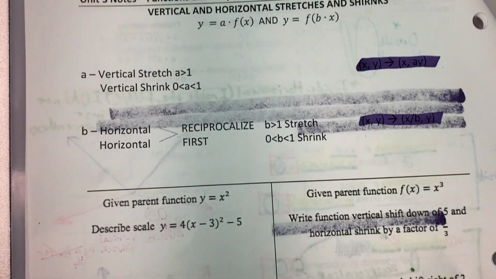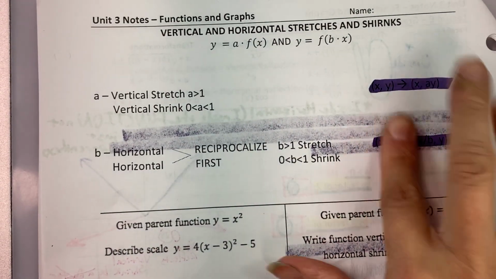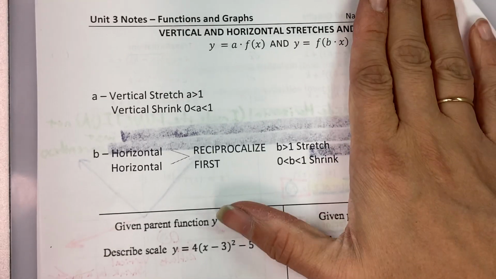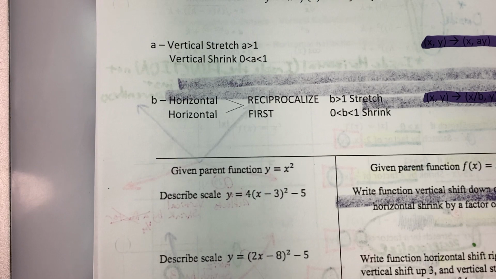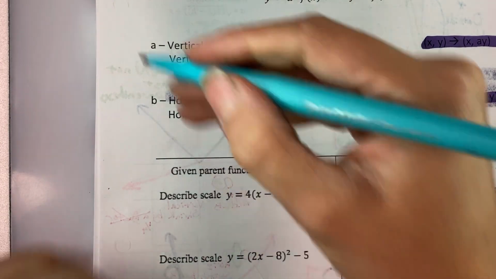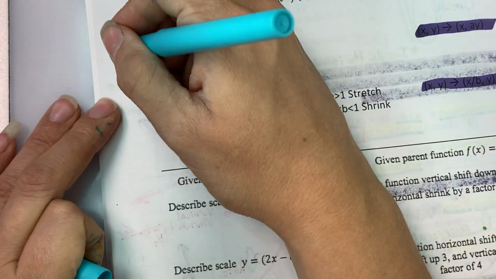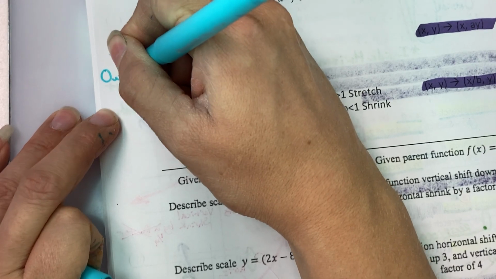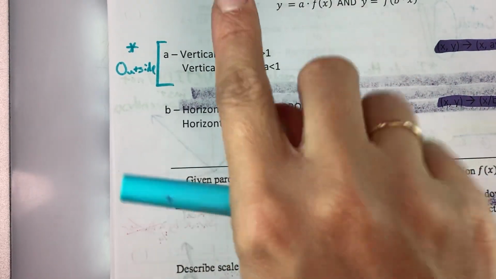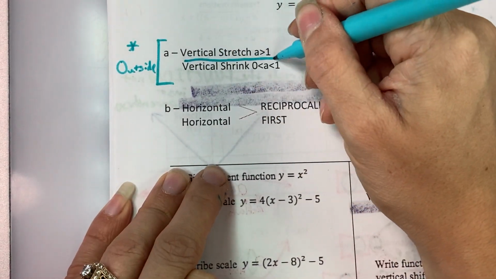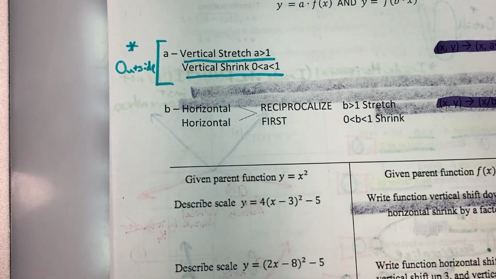Lots of announcements today. So folks, again, don't pay attention to this coordinate formula stuff on the side. I think that is more confusing, which is why I've included these instructions instead. So first, if it is a number being multiplied on the outside, a stretch is when your value is greater than 1. A shrink is when the value is between 0 and 1.